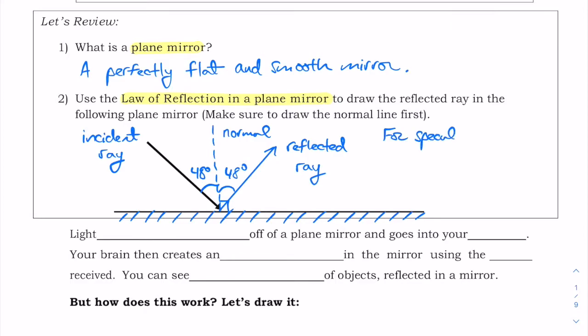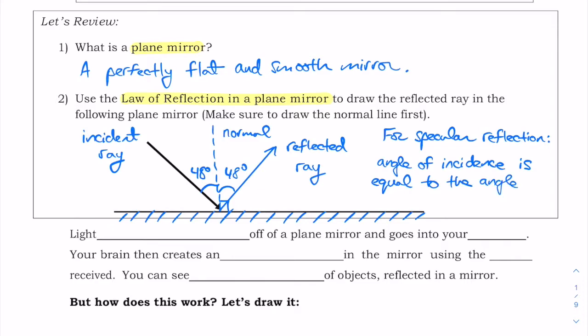Angle of incidence is equal to the angle of reflection. Alright, and this is true for plane mirrors, which we're assuming are perfectly smooth and flat.